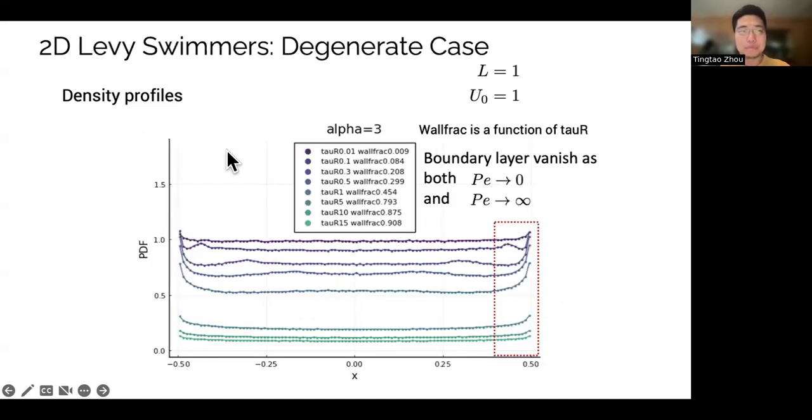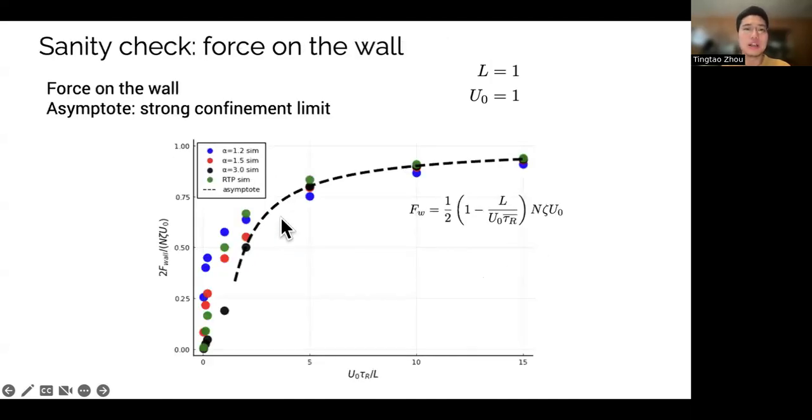In the Levy swimmer model, if we increase the alpha power law index to above 2, then the process becomes a Gaussian process again, so we should recover the run-and-tumble behavior. And indeed, we did that. If we make alpha equal to 3, then again we recover the constant bulk, but with a boundary layer. Okay, so it's all good.